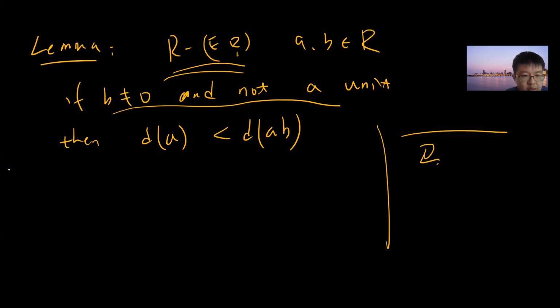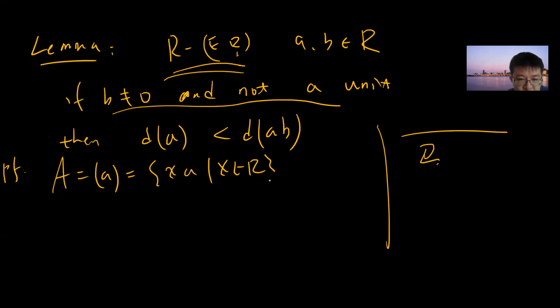Okay, so the proof. Define A to be an ideal. I already wrote this 100 times. So I know that D of A is less than or equal to D of XA, right, for any X non-zero. This is the definition.